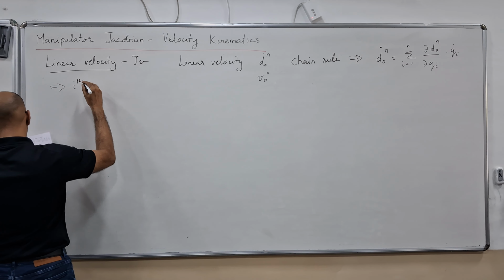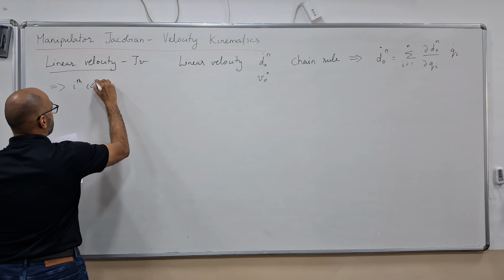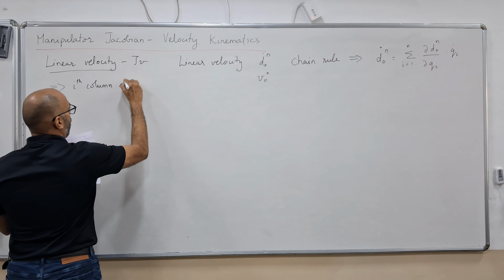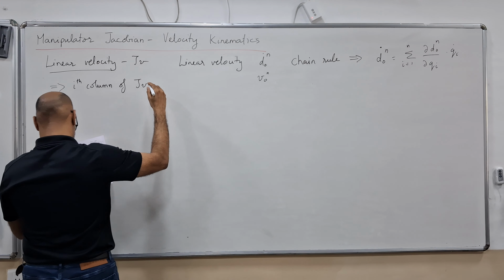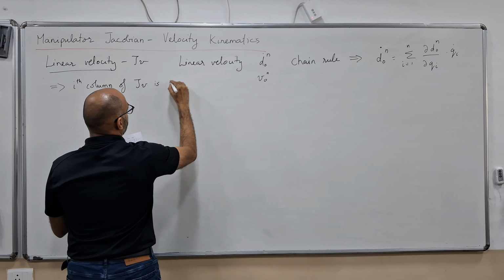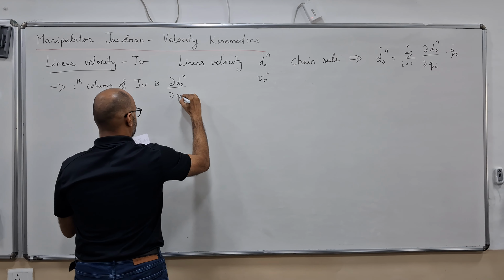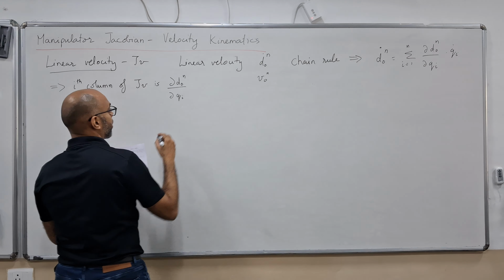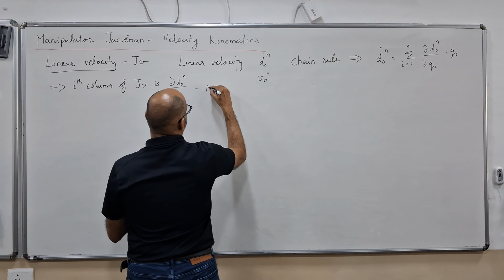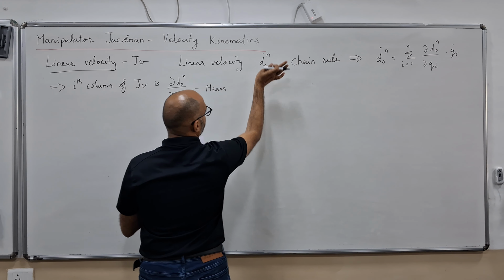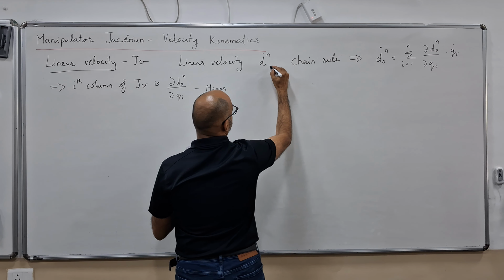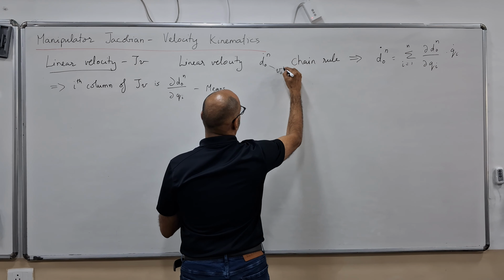So let me write that again. The ith column of JV is the partial of d0n with respect to qi. So this is V0n.